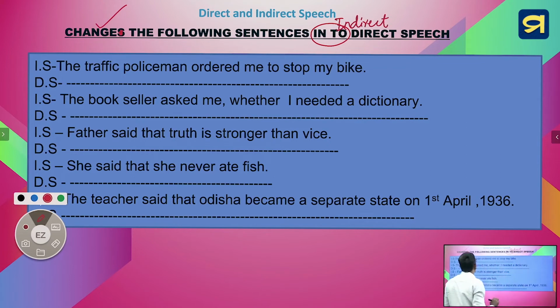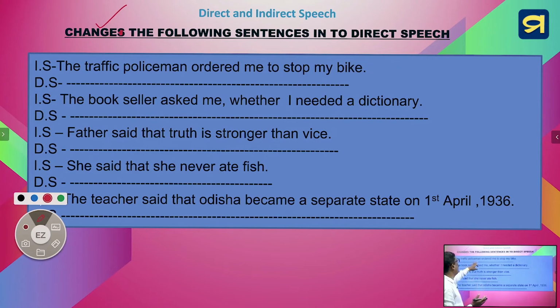Okay. Sorry, dear children, it is into direct speech, not indirect. This is wrong. Change the following sentences into direct speech. That means here indirect speech is given, and we have to change from indirect speech to direct speech. That means we will do the reverse.